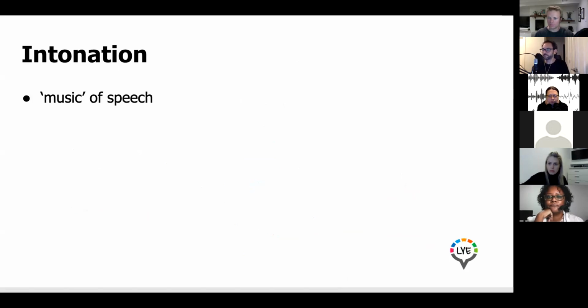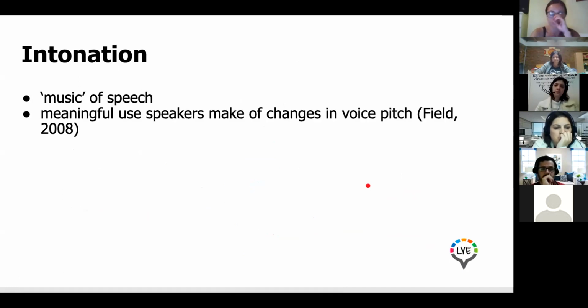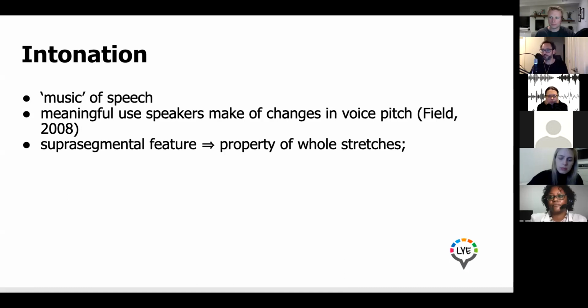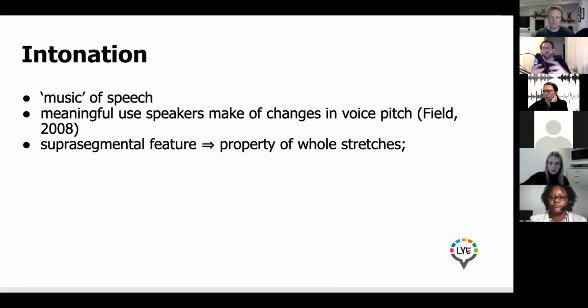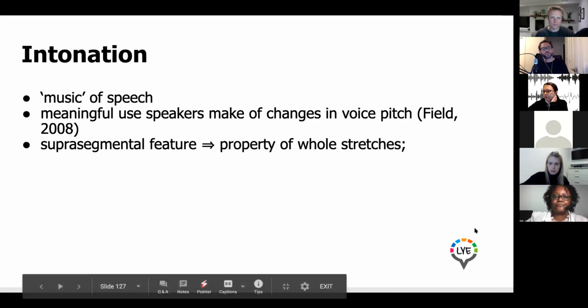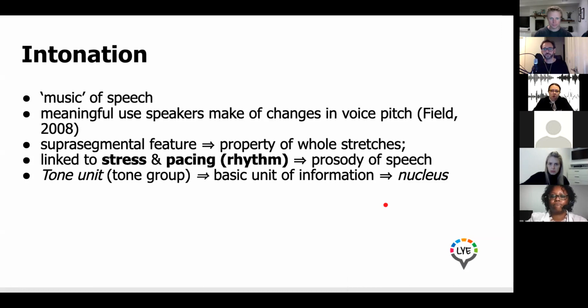John Field, whose research we used a lot to create our Teaching Listening Made Easy course, describes intonation as a very meaningful use that speakers make of changes in their voice pitch, and also a suprasegmental feature part of whole stretches of discourse. Intonation is also linked to stress and pacing. They're all part of the prosody of speech, or the four horsemen of pronunciation.